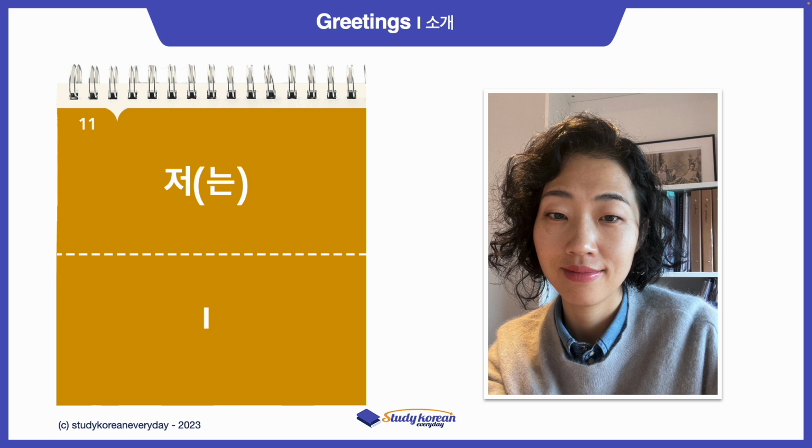English has prepositions such as at, in, on, to. In Korean, we have postposition which connected to nouns. So 저는, and 는 is topic marker, and when it combines together, 저는 means I.